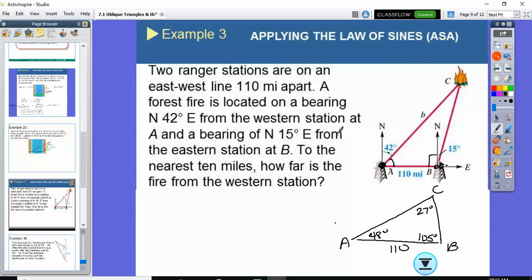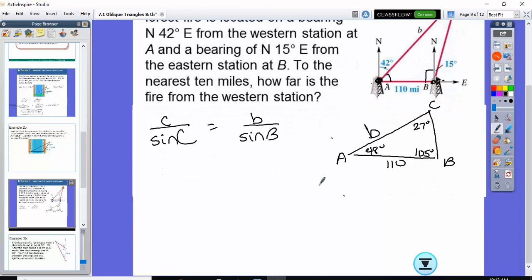Okay. We want to know how far it is from the fire, which is at C, to the western station, which is here. So we are looking for this, which is side B. We have side C, so I'm going to do C over sine of C equals B over sine of B. So 110 over the sine of 27 degrees equals B over the sine of 105.